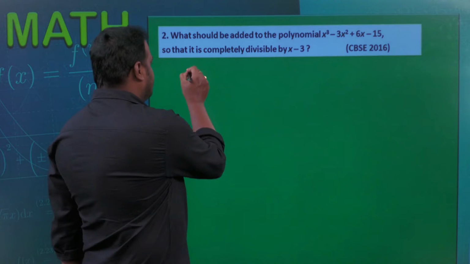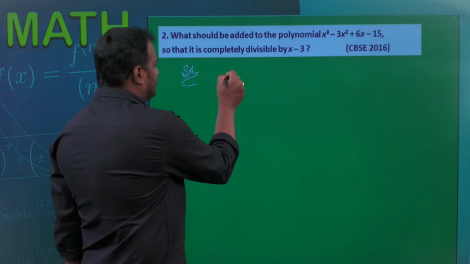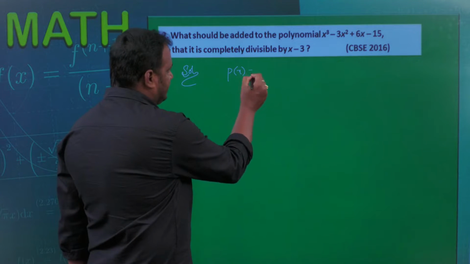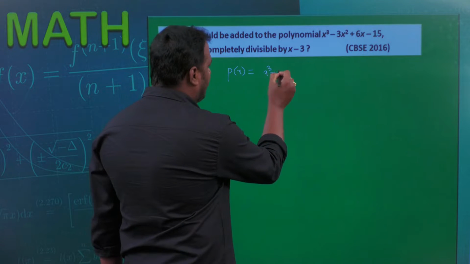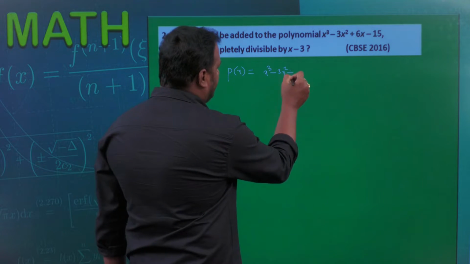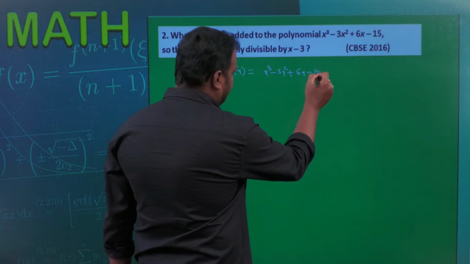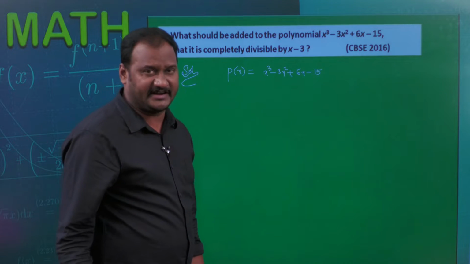Okay, so I am writing the given polynomial. The given polynomial is, for example, p of x, which is equal to x cube minus 3x square plus 6x minus 15. We do not know what should be added, right?